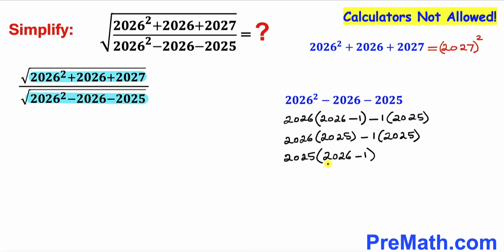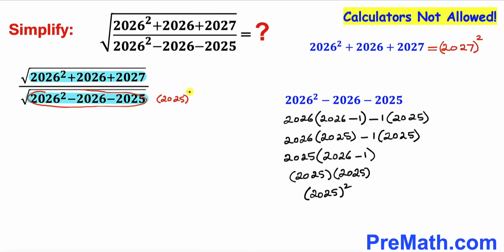And finally, we could see 2026 minus 1 is going to give us 2025. So therefore, we could write this as 2025 times 2025. And that could also be written as 2025 whole square.